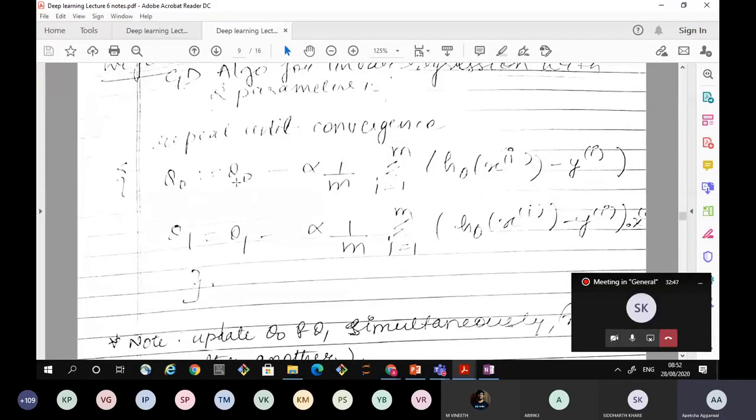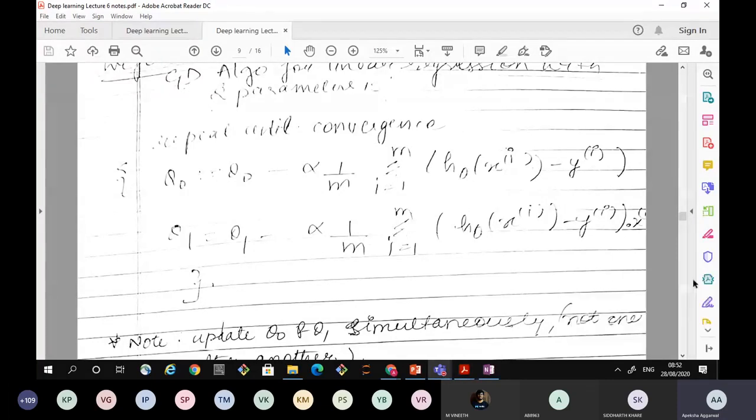Now, because theta naught is not dependent on x, since we know the hypothesis is theta naught plus theta 1 x plus theta 2 x and so on, here there is no multiplication term with respect to x. While in the rest of the thetas, that is theta 1, theta 2 up to theta n, there is the multiplication of x over here. So this is the final gradient descent algorithm for linear regression.